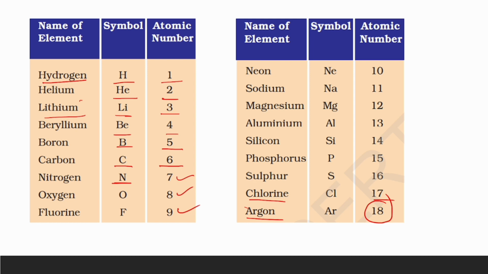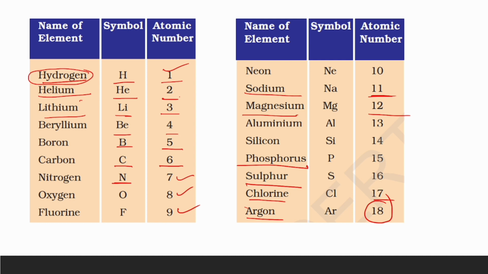So in hydrogen, how many protons are there? Only one proton. In helium, how many protons? 2 protons. In lithium, 3 protons. So you should study all the elements in the order and their atomic numbers. Sodium is an element having the atomic number 11. Magnesium, what is the atomic number? 12. So you can write and study all the elements in their order and also their atomic number and symbol. This is important for solving the problems in this chapter.